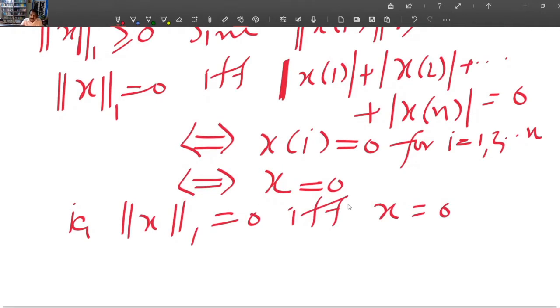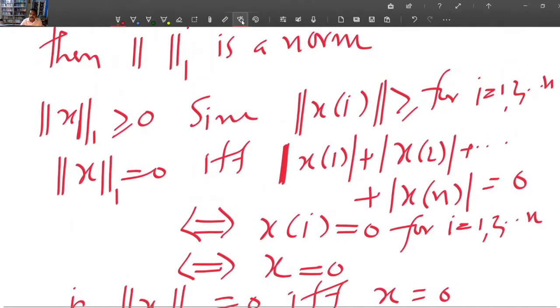And now you can check the triangle inequality, for which you take a new page.